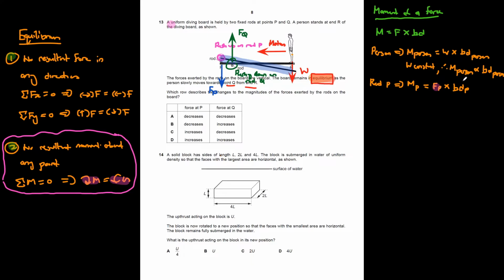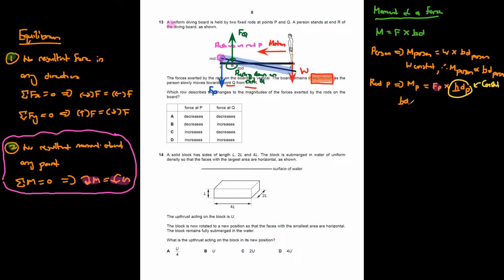But the perpendicular distance between the force FP and the pivot itself will never change. It remains fixed. So the perpendicular distance between the force at rod P and the pivot will be constant. Because this one is constant, I can now say something like this.